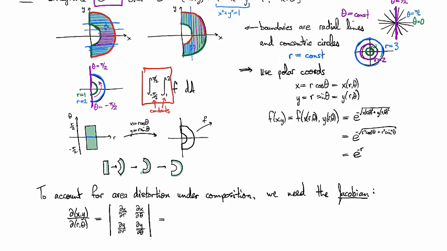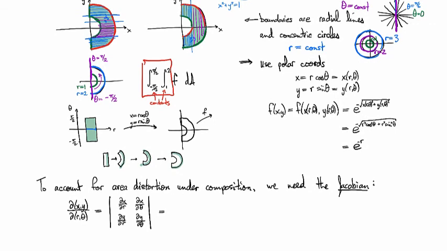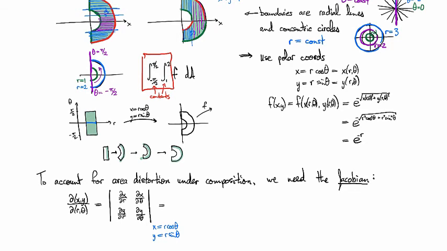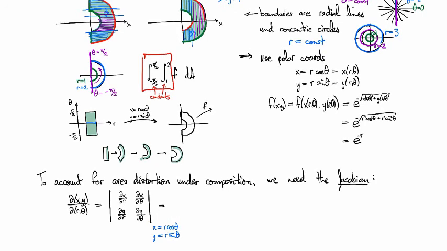In this case, we're using polar coordinates, so x is r cosine theta, and y is r sine theta. Our first derivative is going to be partial of x with respect to r, that's going to be cosine theta.